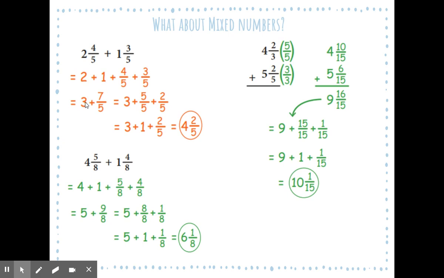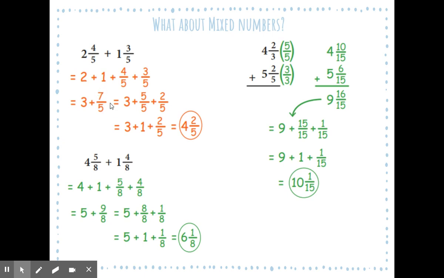The whole numbers are now added together. And then I took those two fraction parts and stood them side by side, and guess what I saw? I saw they already had common denominators. Yay! So I knew this was 7/5. So now I know my fraction is worth 3 7/5.